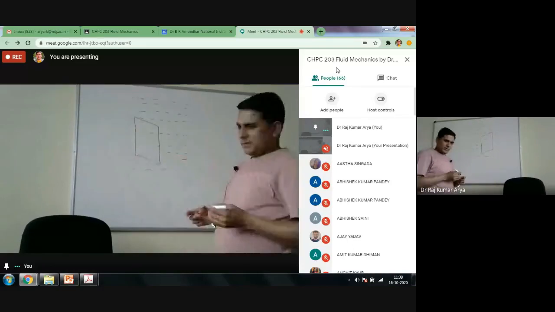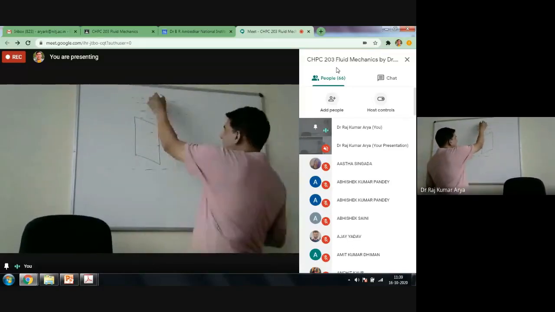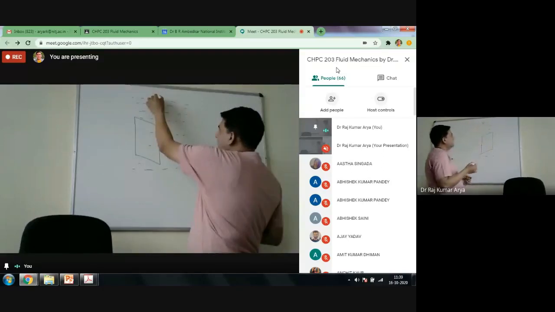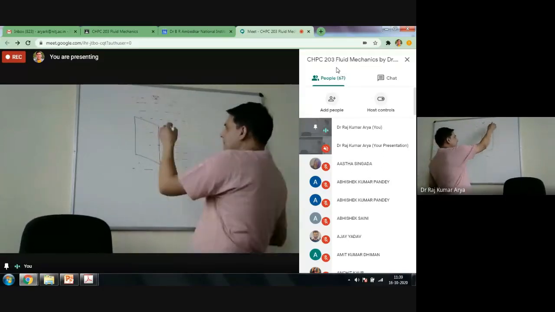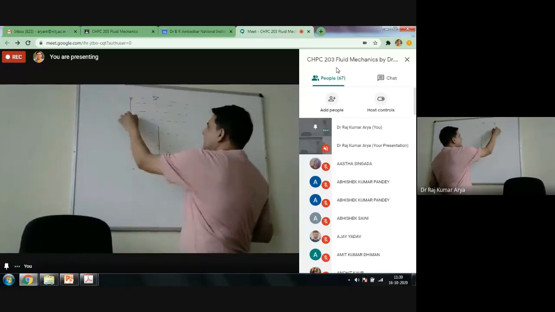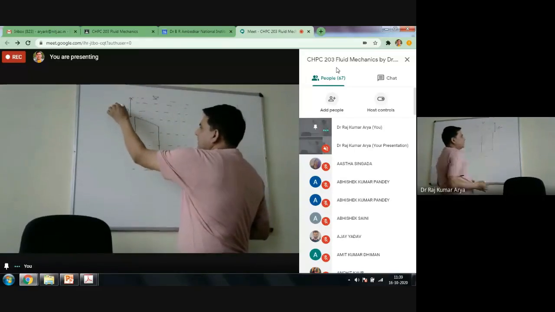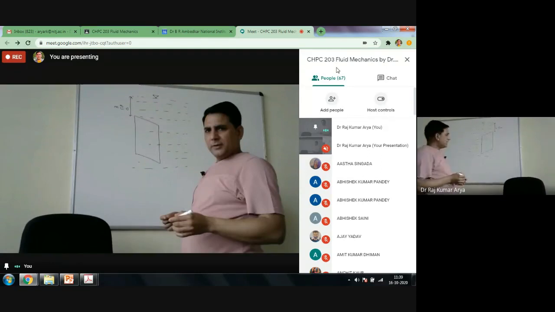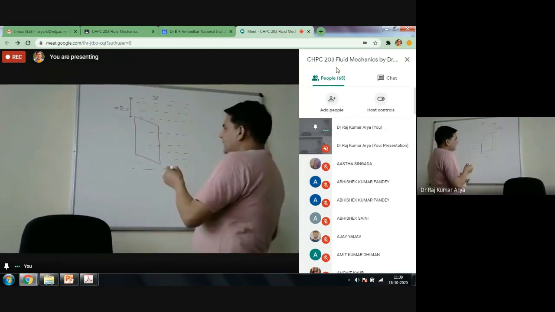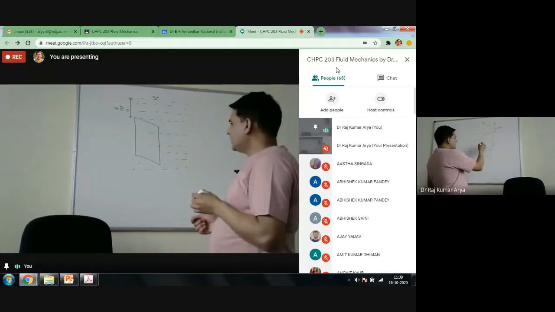So this is something like that. So this is your free surface which is open to atmosphere. Now this means the upper edge is 0.5 meter below the free surface, right?